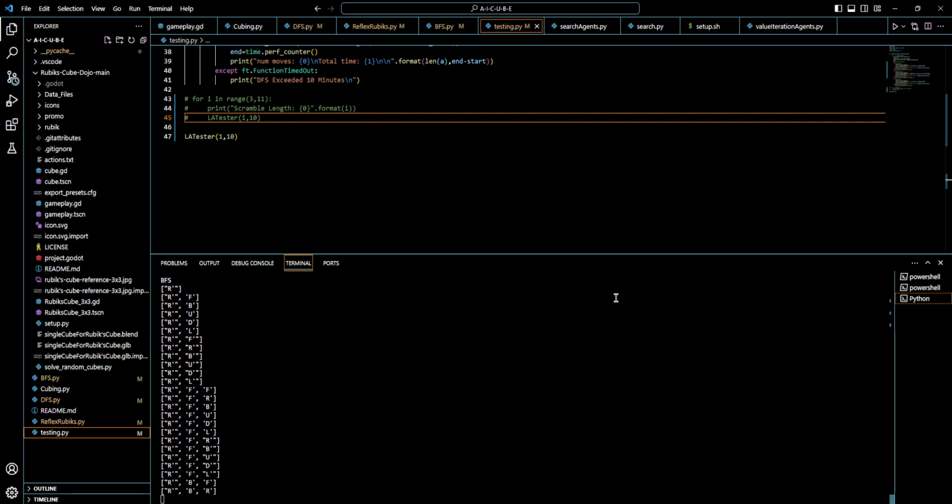So there we go. So as you can see, the BFS algorithm tends to run the longest. So after that's done, DFS and the reflex agent seem to run very quickly in comparison.